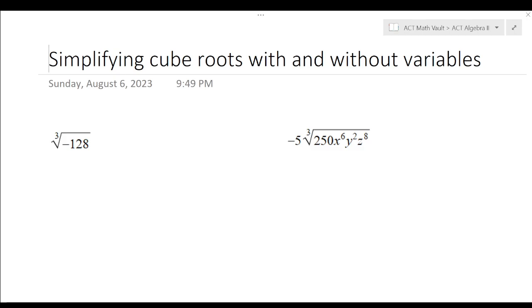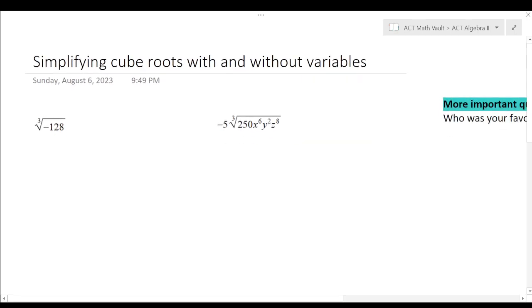So here we go. If you are simplifying a square root, for example, let's say the square root of 25, we know that answer is 5 because 5 squared is 25. Now if I did the square root of 200, that does not have a nice whole number answer.